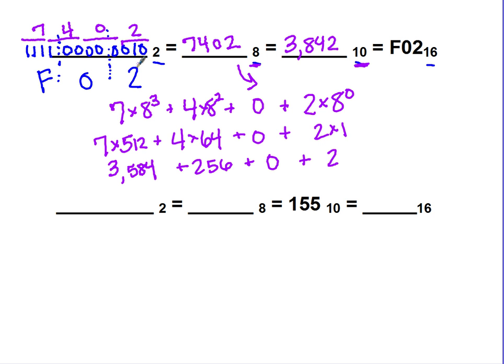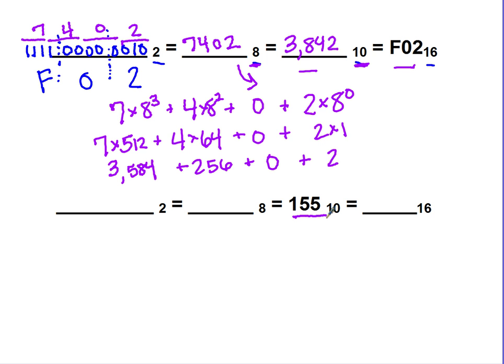Again, quick way to remember, to make sure you're on the right track: this value should look larger than this value because it's in a larger base. This 3,842 should look larger than the 7402 that's in my octal base, and a lot smaller than my value here in binary.